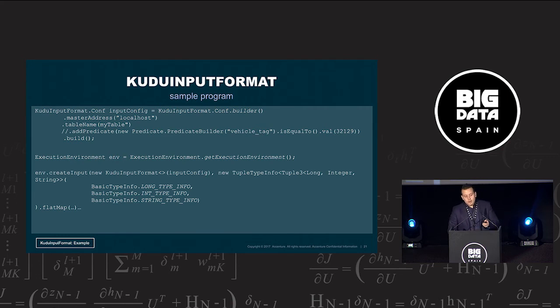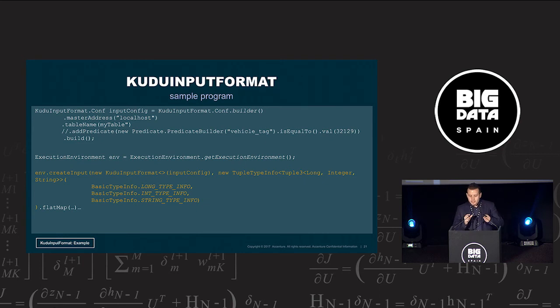The next step is to create the execution environment of Flink, and then we create the input, passing the Kudu input format with the configuration as the first parameter. And yeah, you can see that we have a second parameter here that refers to the type information of the table.